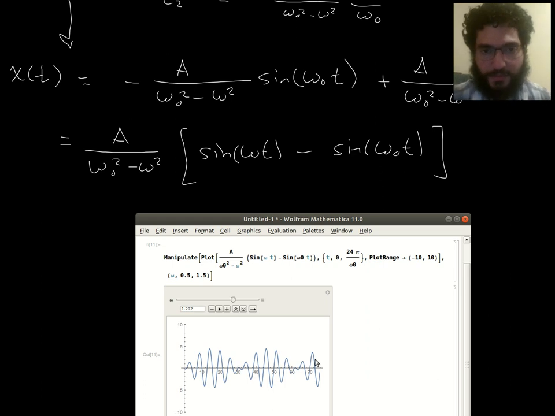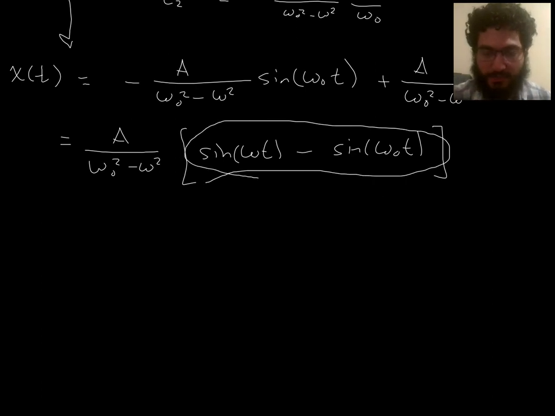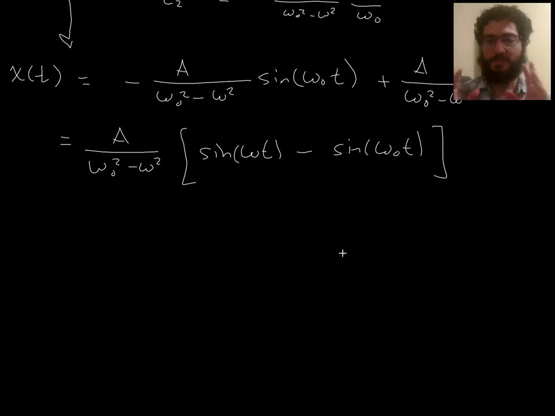So one way to think about this is if you use some trig identities to rewrite this difference of sines, you can write it as one sine function multiplied by a sinusoidal amplitude.